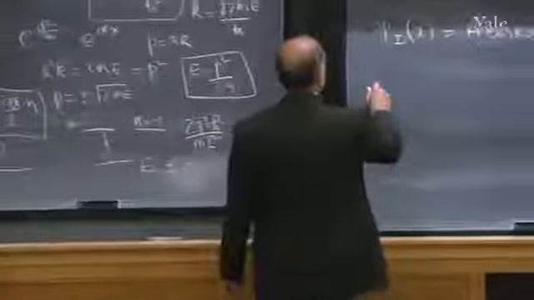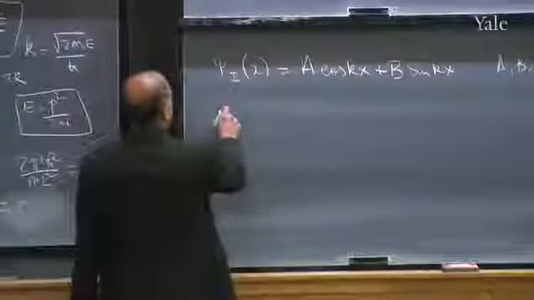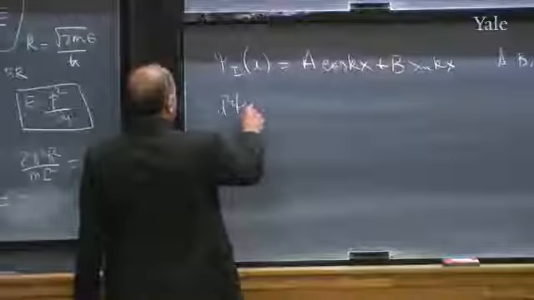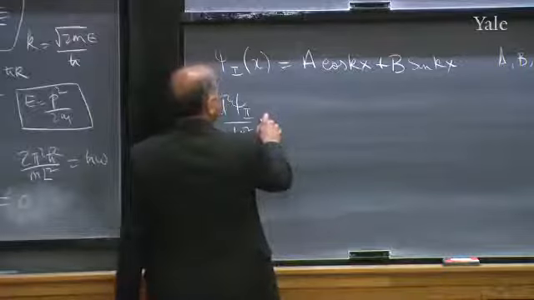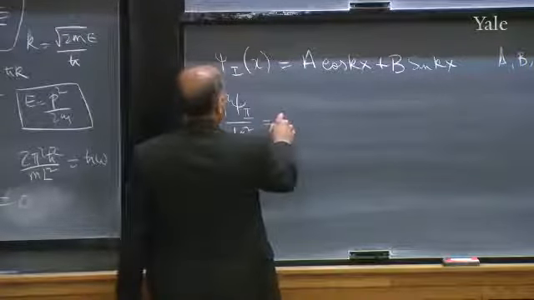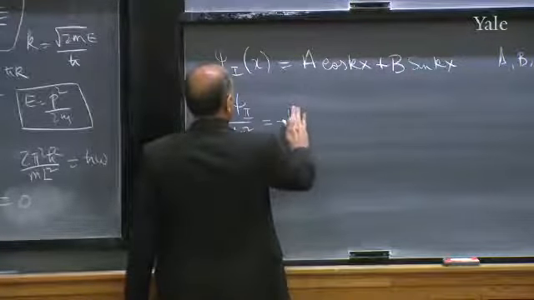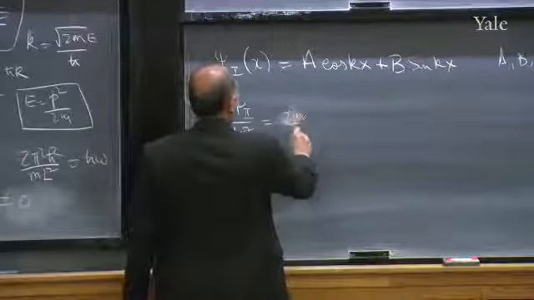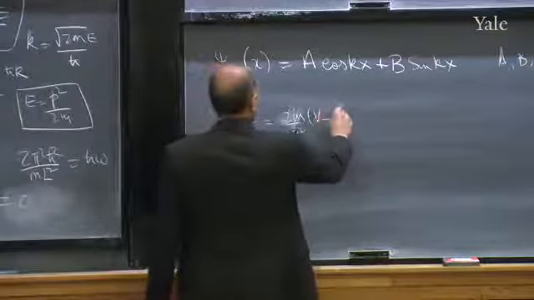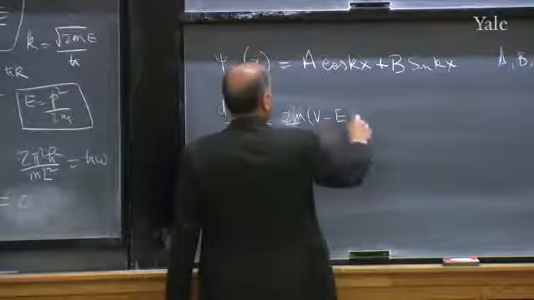So in region 2, the equation obeyed by the psi, let me call it psi 2, is d squared psi 2 over dx squared equals minus 2m over h bar squared times (V0 minus E) psi.